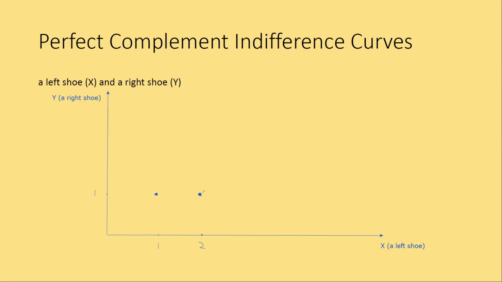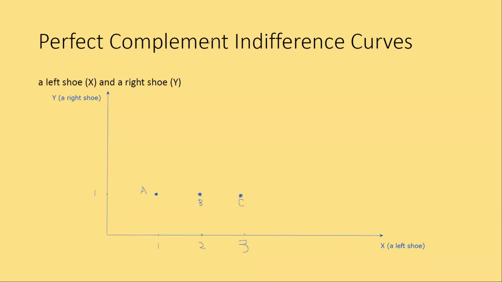You are not any better off as compared to when you have 1 left shoe and 1 right shoe. So if we call this point A and this point B, we would imagine that a consumer has the same level of utility at point A and at point B. And similarly, if we keep giving the consumer more left shoes, she can still always only form a pair of shoes, and all the extra left shoes she obtained do her no good.